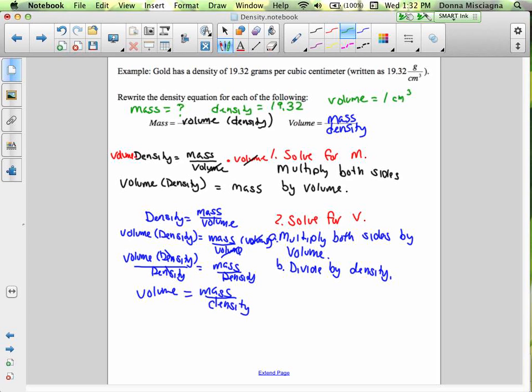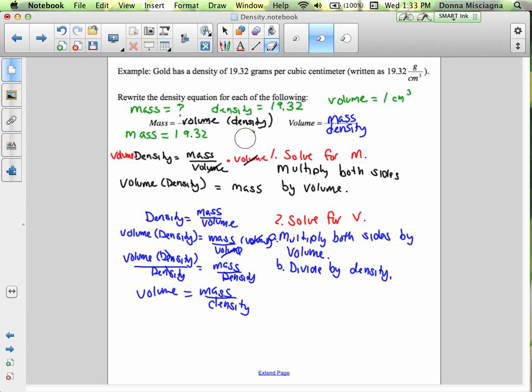Okay. All right, so now we could solve for our missing thing. Since it says rewrite the density equation for each of the following, for mass, let's do this one first. Mass is equal to the volume times the density. So if we take 19.32 times 1 centimeter cubed, actually, I forgot to do one thing.